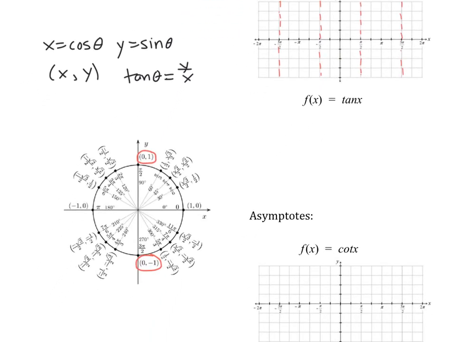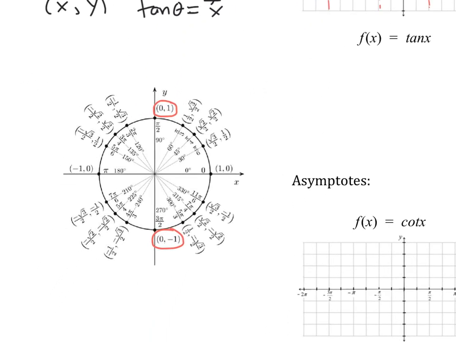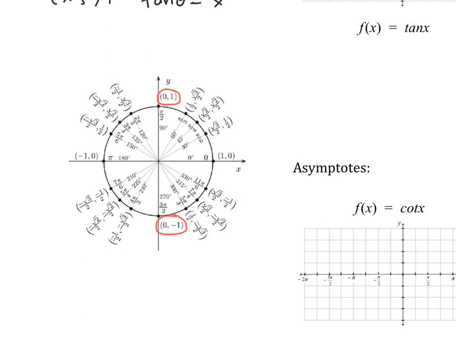So to build off of this pattern of repeating every pi units, I do want to look at the sign, like S-I-G-N, of tangent in each quadrant. In quadrant 1, we know that tangent is positive. In quadrant 2, tangent is negative. In quadrant 3, tangent is positive again. And then in quadrant 4, tangent is negative. So you'll notice that tangent starts repeating its pattern after only half a circle.